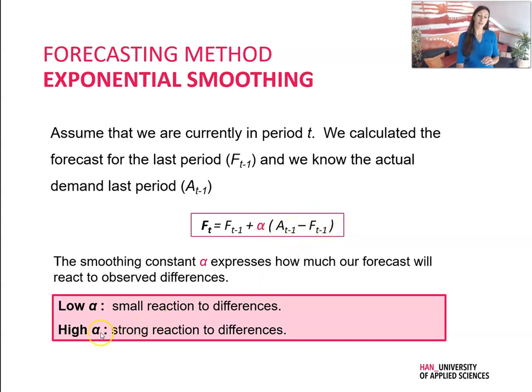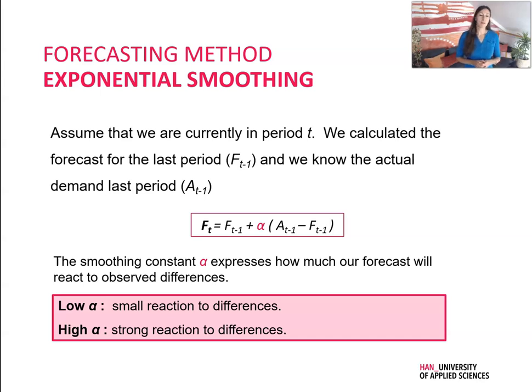A high alpha will create a strong reaction to the differences. If alpha is closer to 1, we are going to consider almost entirely this difference between forecast and actuals for the previous period.